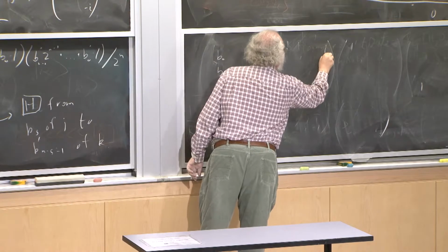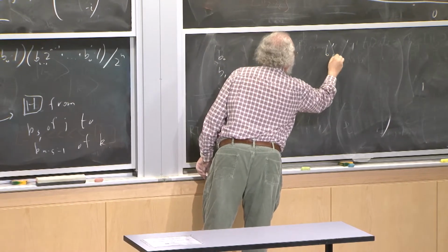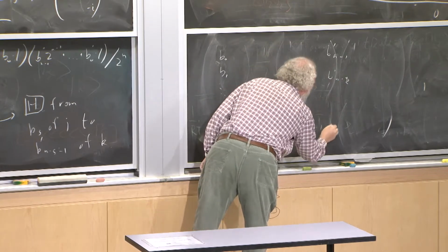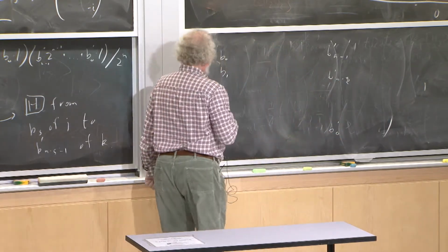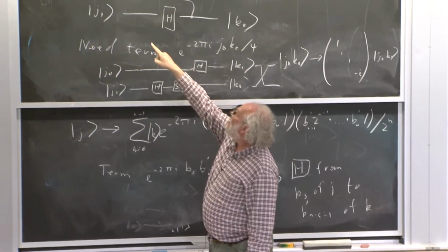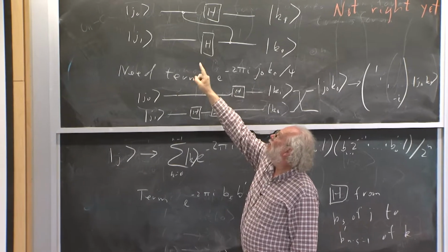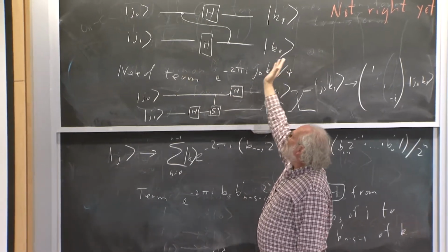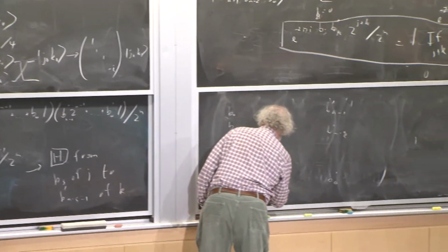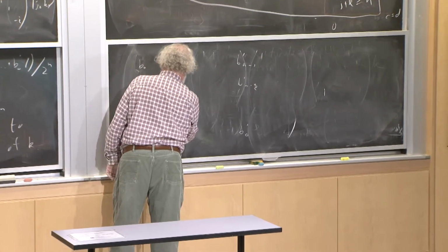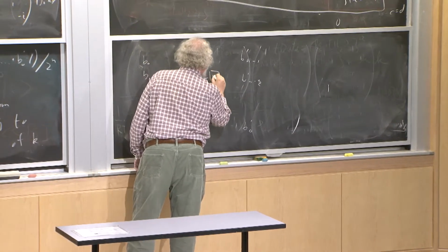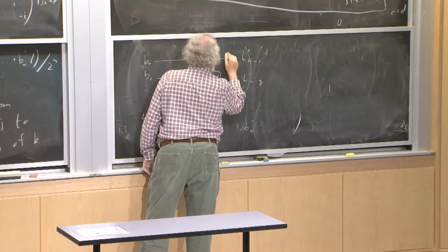So b prime 0 through b prime n minus 1, b prime n minus 2, all the way through b prime 0. And recall we did the smallest bit of j last and the largest bit of j first. So let's do the same thing here. Hadamard, Hadamard, Hadamard, Hadamard.